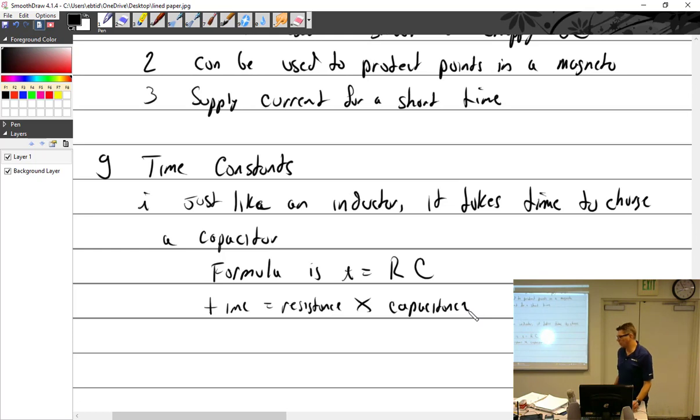What was the formula for inductors? Nope, that was inductive reactance. 63.2%. That was the time constant. Inductance over resistance.